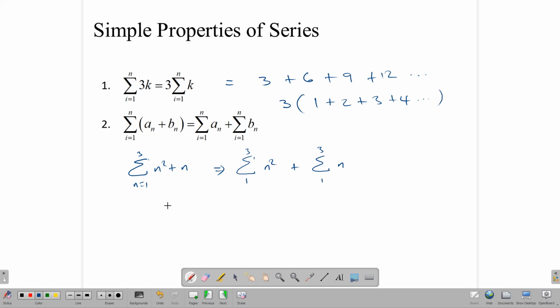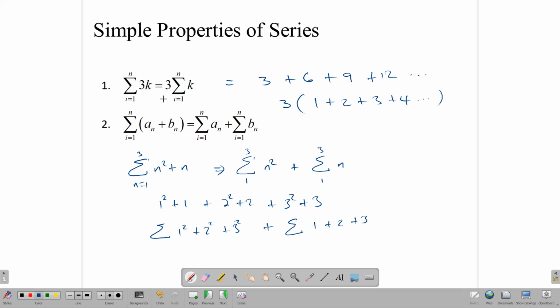And in terms of numbers, all that it would mean is 1 squared plus 1 plus 2 squared plus 2 plus 3 squared plus 3. And it will give you the same result as if you had the sum of 1 squared plus 2 squared plus 3 squared plus the sum of 1 plus 2 plus 3.